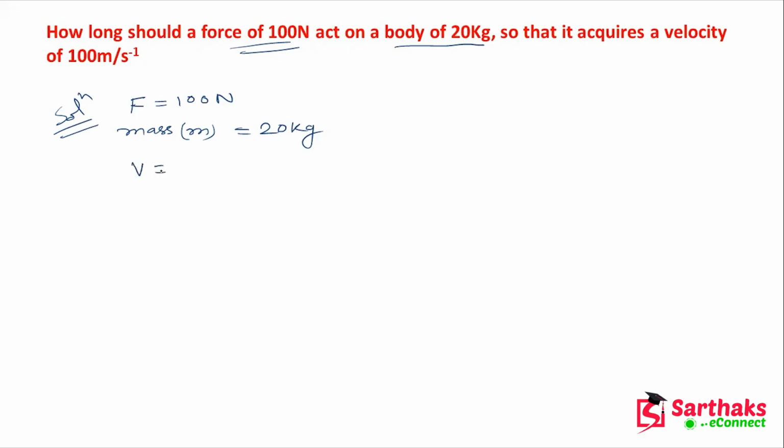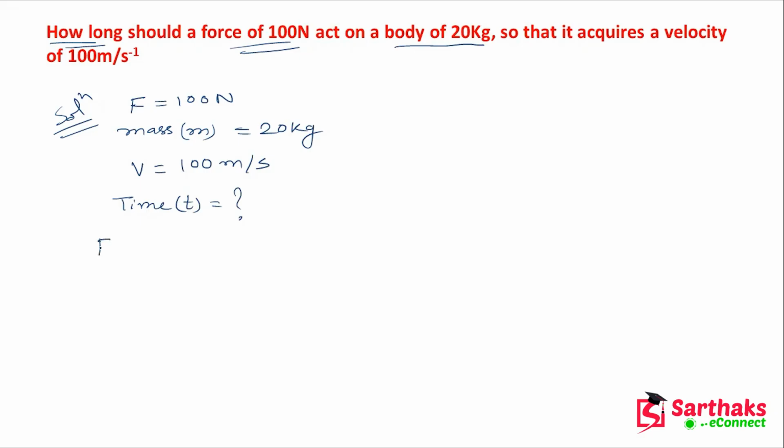So F is 100 Newton, mass m equals 20 kg, and velocity v is 100 meter per second. What is the question? How long? So we have to find the time. Let time be denoted by t.